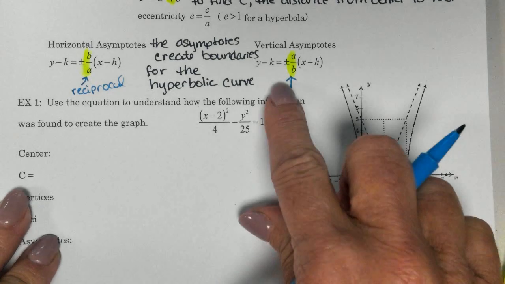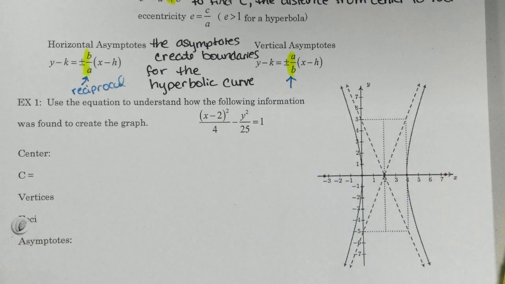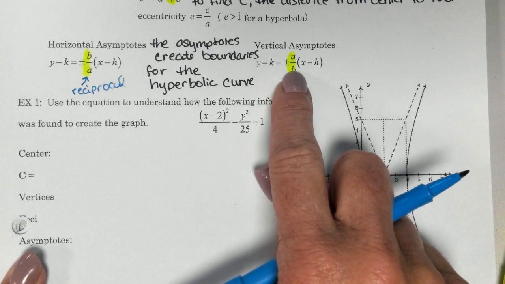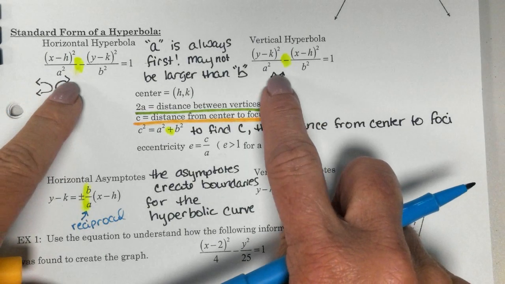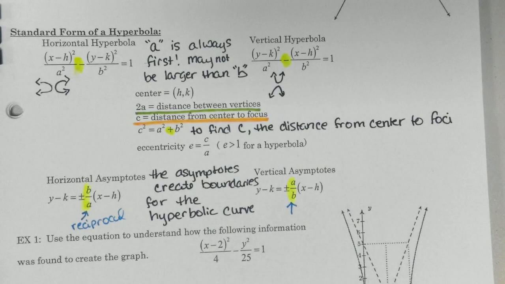So point slope form using the center for your point. And your slope is the ratio of your A to B or B to A. So it's the ratio of your A and B values. Okay, just depends upon if it's horizontal or vertical.